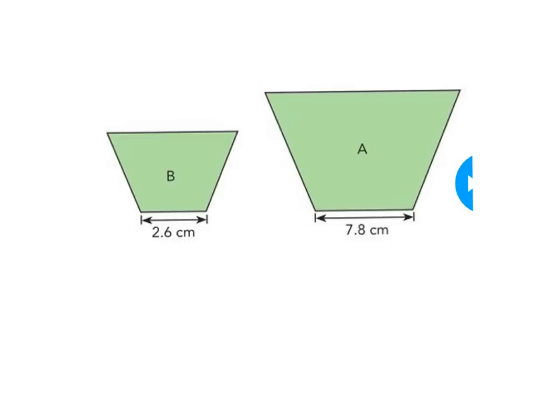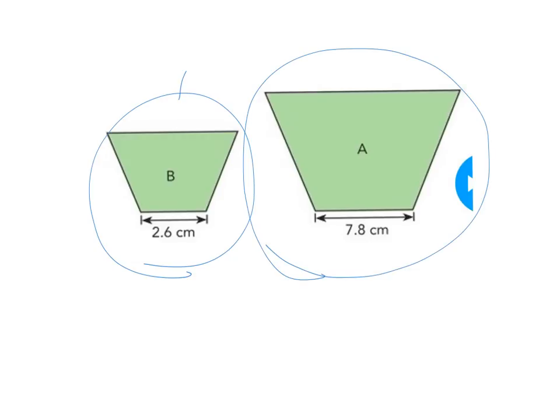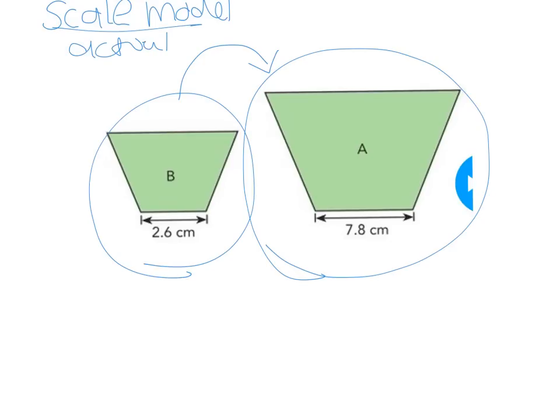All right, so take a look at this problem. Here's one trapezoid, and it's being enlarged to be this trapezoid, okay? So we're enlarging this time. That means our scale factor needs to be greater than 1 whole. So if we stick to our scale model over our actual, we want to put 7.8 and divide it by 2.6.